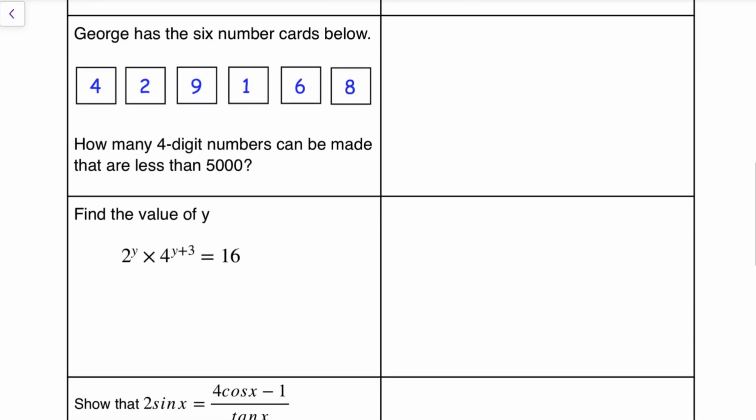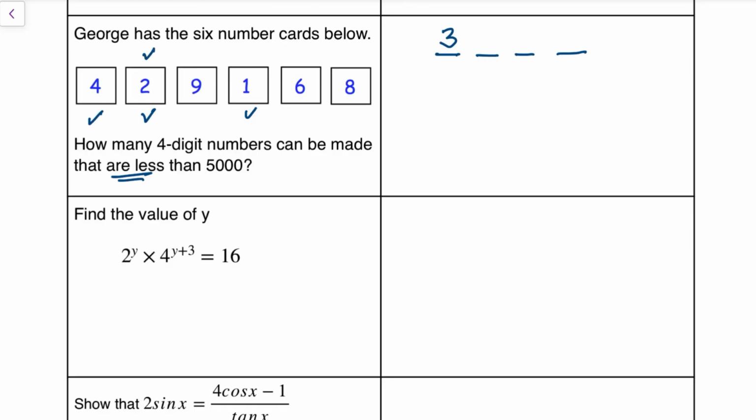Next question. George has the following 6 number cards below. How many 4-digit numbers can be made that are less than 5,000? Oh wow, okay, this is quite difficult. So there's 4-digit numbers and I want it to be less than 5,000, but I don't care whether it's odd or even or anything else. So actually, not as bad as I thought. Less than 5,000 means the first number needs to be either 4, 2 or 1, which means that's a choice of 3 numbers.